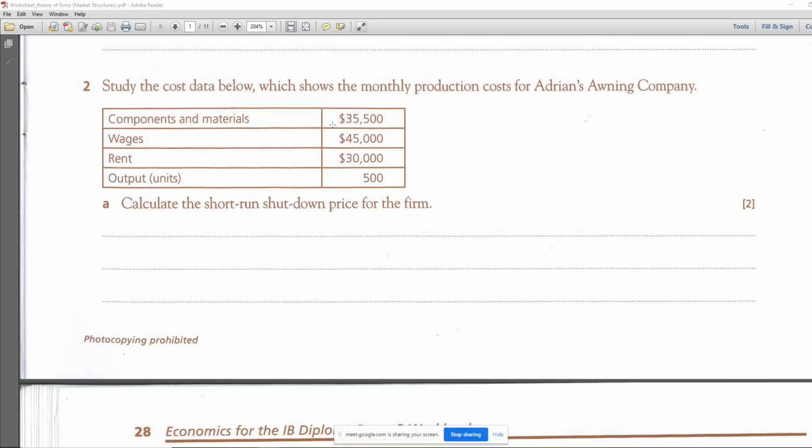But salaries of the administrators, the accounting managers, the HR managers, the people sitting in the office, are fixed costs.